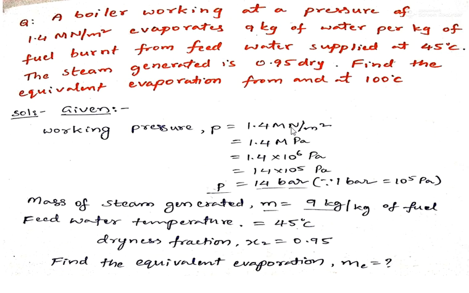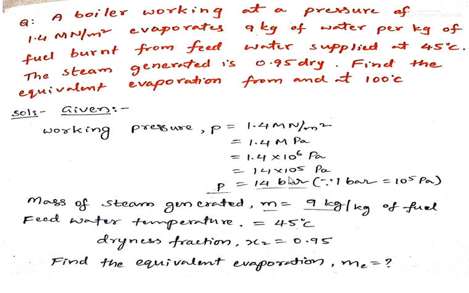So how? Let us see here. This is given in mega Newton per meter square. First of all, 1 Newton per meter square is nothing but a Pascal, so mega Newton per meter square is megapascal, and 1 mega means 10 to the power of 6. So 1.4 megapascal means 1.4 into 10 to the power of 6 pascals.